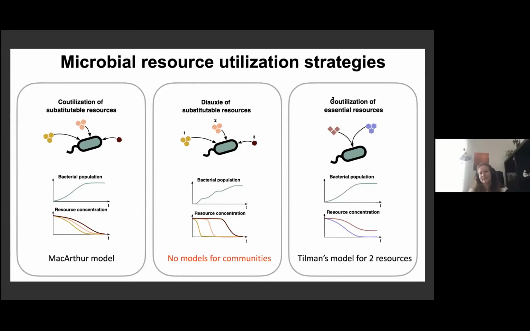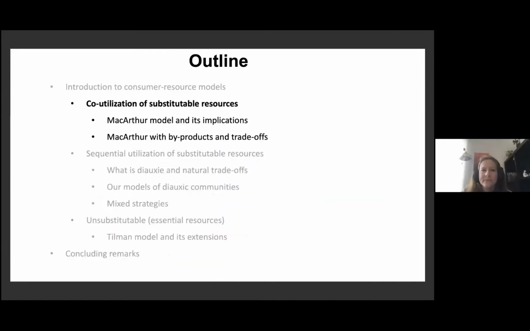And the last one is co-utilization of essential resources, which means that microbes will actually need both resources in order to grow. So with that, let's move to the MacArthur model.